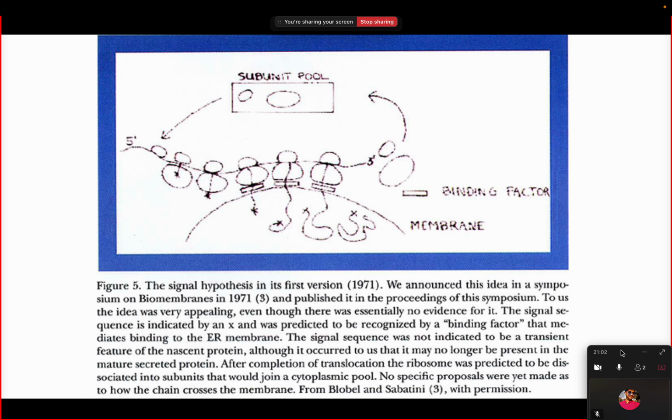Correct? So this is the hand drawn representation of how Palade and Blobel actually imagined the transportation will take place. So you can see that this is the subunit pool. Subunit pool means when there is nothing to translate, both the larger subunit and the smaller subunit of ribosome stay separate, right? So this is the subunit pool.